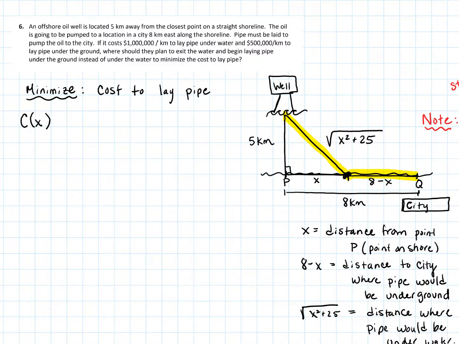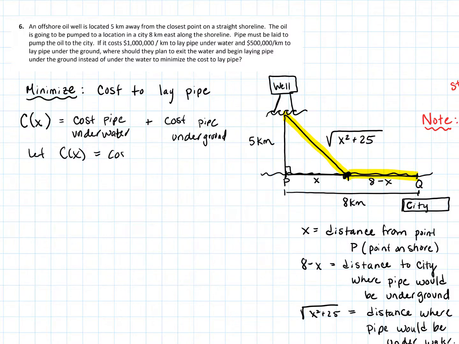So the cost function is going to be, written out in words first, the cost of pipe underwater plus the cost of pipe underground. And so let's go ahead and let C of x be the cost in millions, because I don't want to carry all those zeros, in millions of dollars.